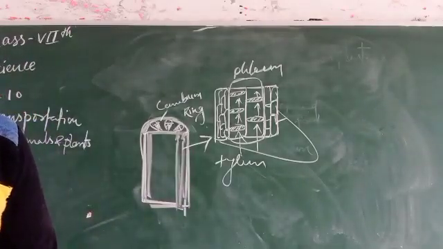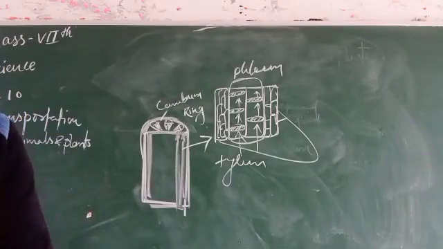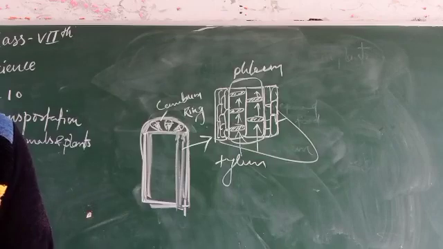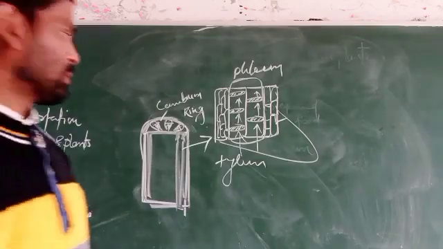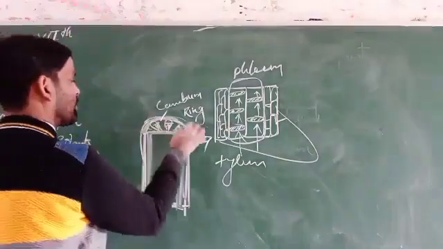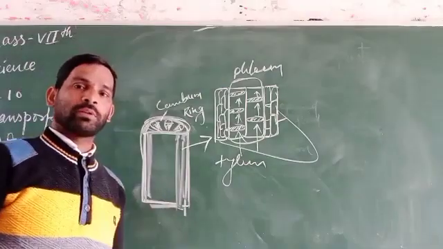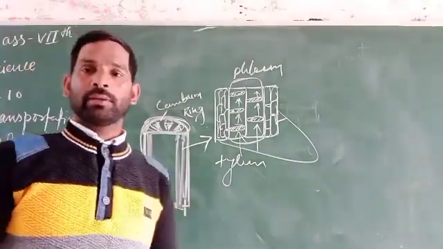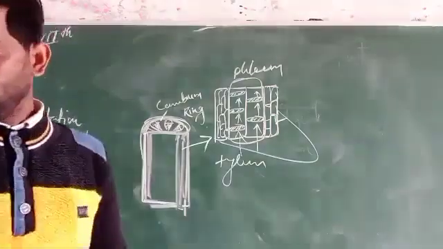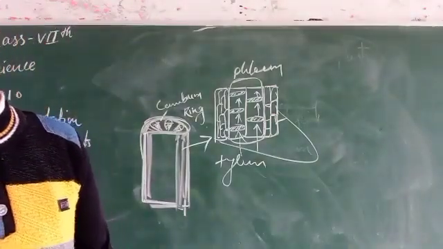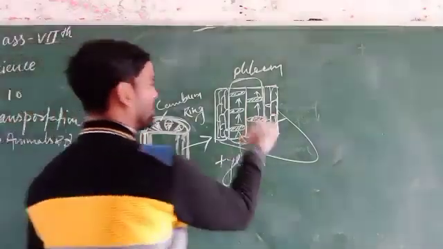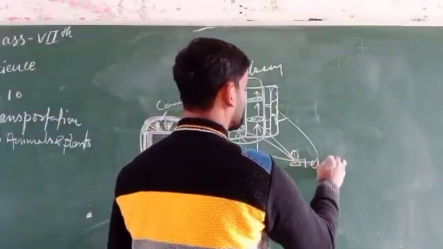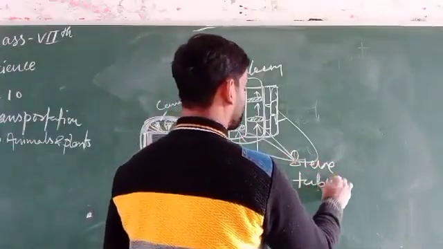In cross section, the xylem tissues have a vascular bundle through which water and minerals are supplied to the whole parts of the body, whereas the phloem has phloem tissues in which there are sieve tubules.